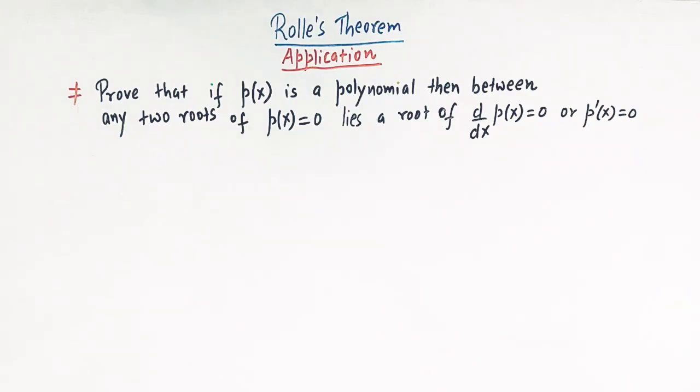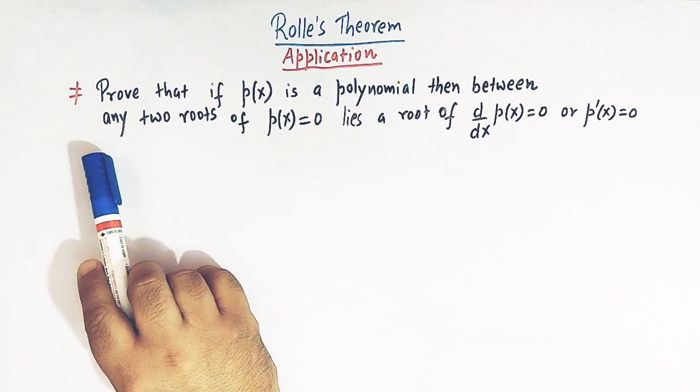Hello viewers, in today's class we are going to discuss yet another important and very interesting application of Rolle's theorem in theory of equations, right? So here we'll see a direct application of Rolle's theorem in the form of a problem.